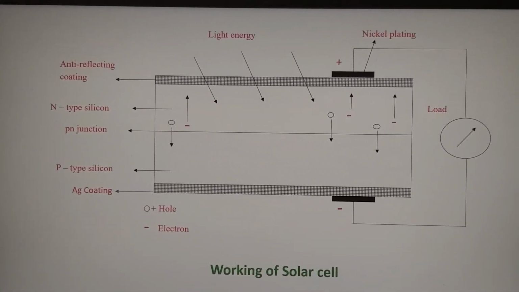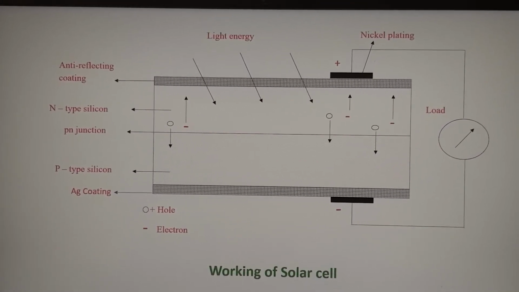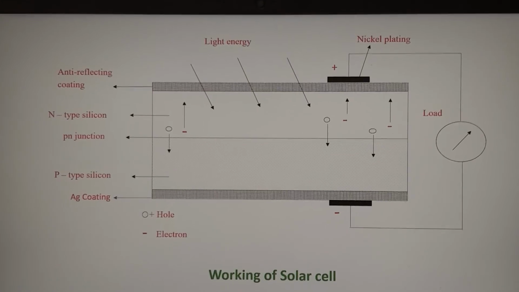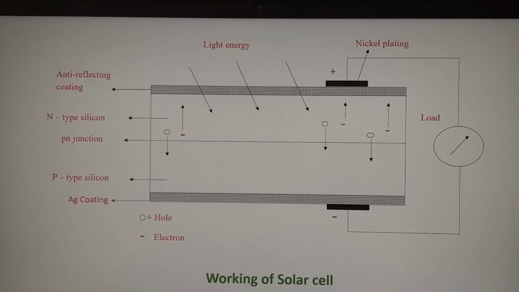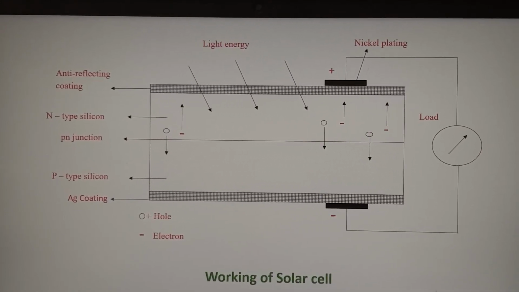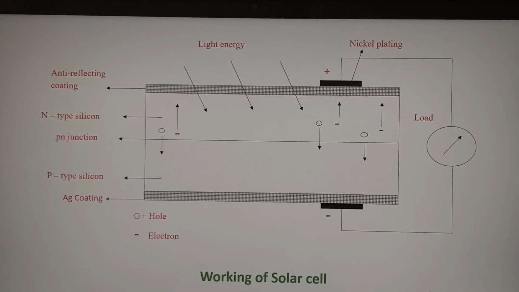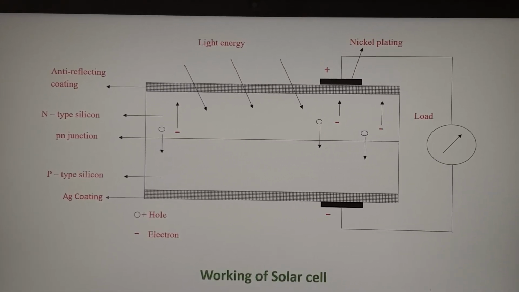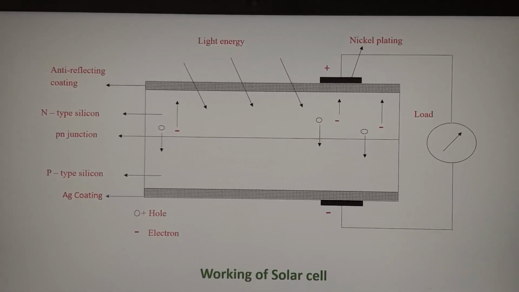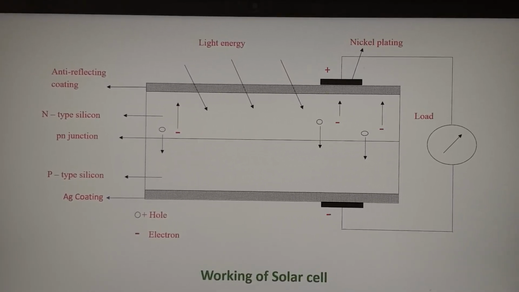Let me describe the phenomenon using this figure. Here you can see there are two layers. The upper layer is the N-type silicon, the lower layer is P-type silicon, and in between is the P-N junction. When the holes and the electrons are generated as a result of the light energy coming to the P-N junction, the holes start moving towards the P-type and the electrons move towards the N-type.